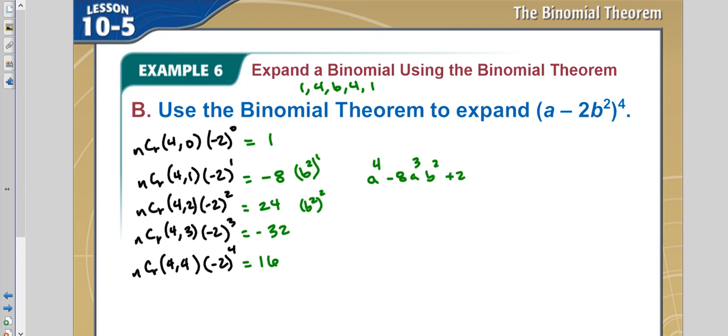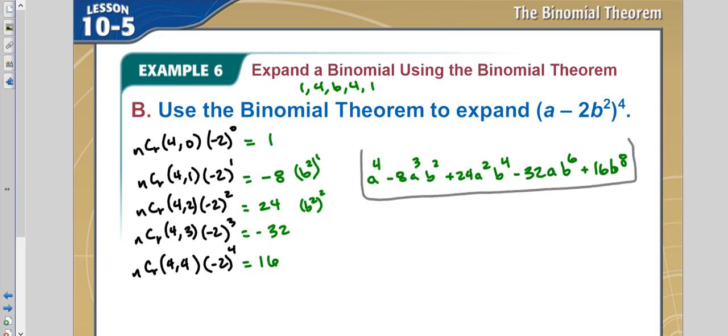So I'd have 24 a squared. B squared squared is simply b to the 4th. You can see the b's are doubling in their values each time now. That's going to need to be a -32 a b to the 6th, and finally plus 16. The a is gone, b to the 8th. That would be my answer there.